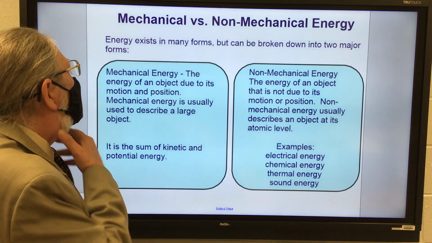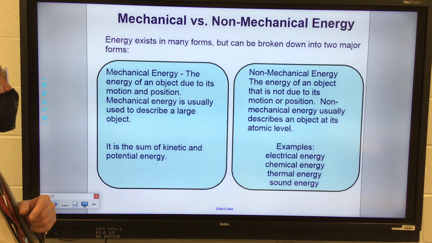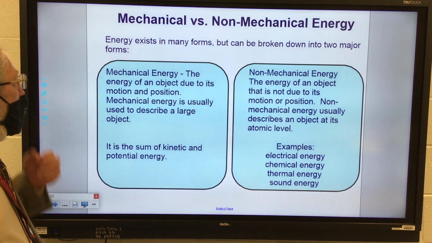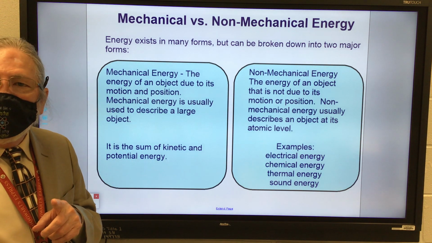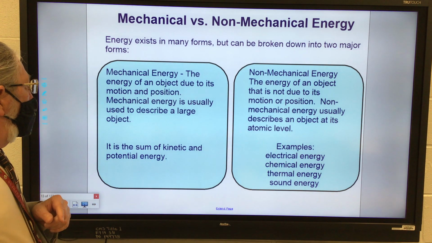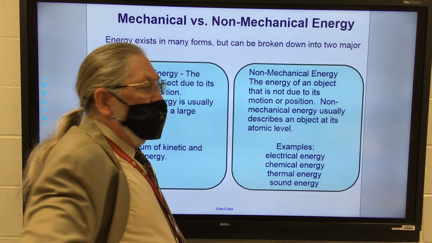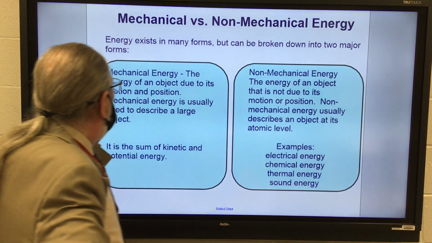Okay, so let's look a little bit at mechanical versus non-mechanical energy. Energy exists in many forms, but can be broken down into 2 major kinds of energy.